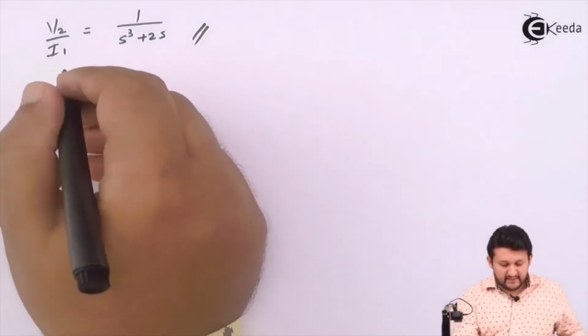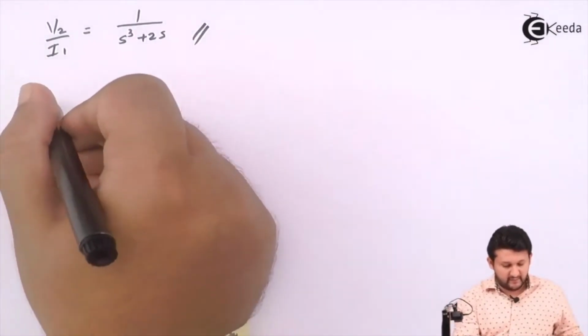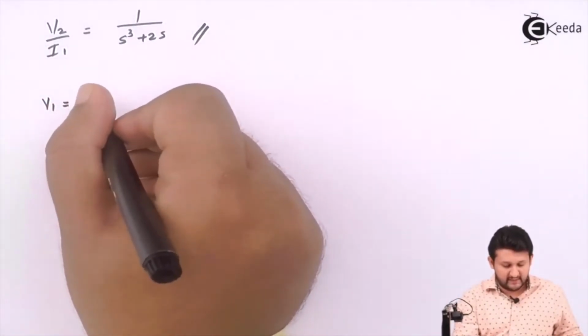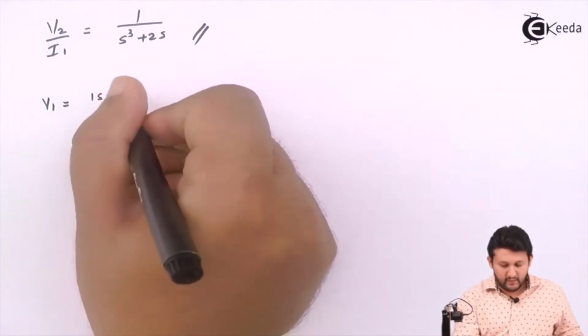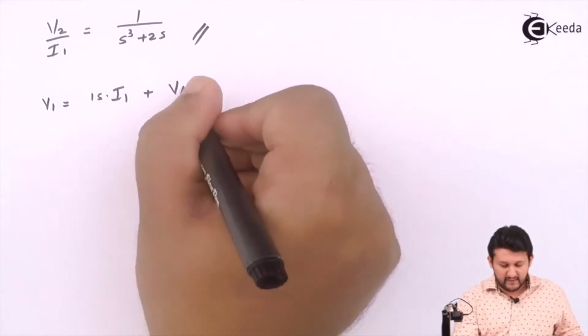So let's apply the horizontal voltage part. For the horizontal voltage, the equation I get is 1S into I1 plus V2.